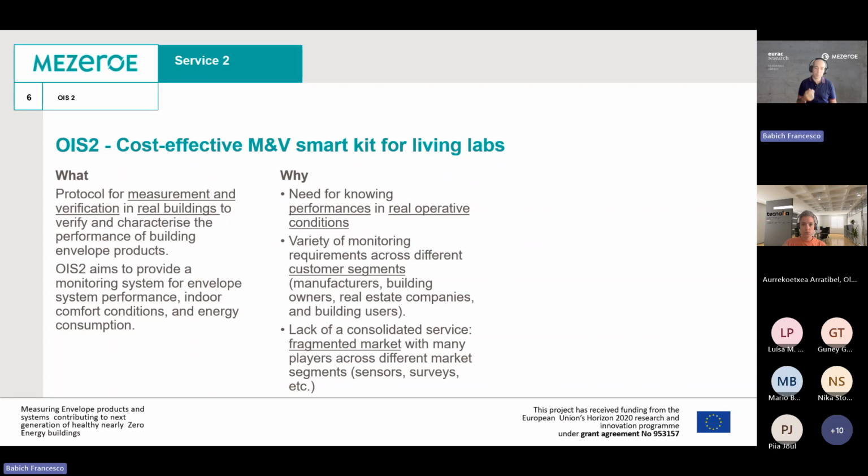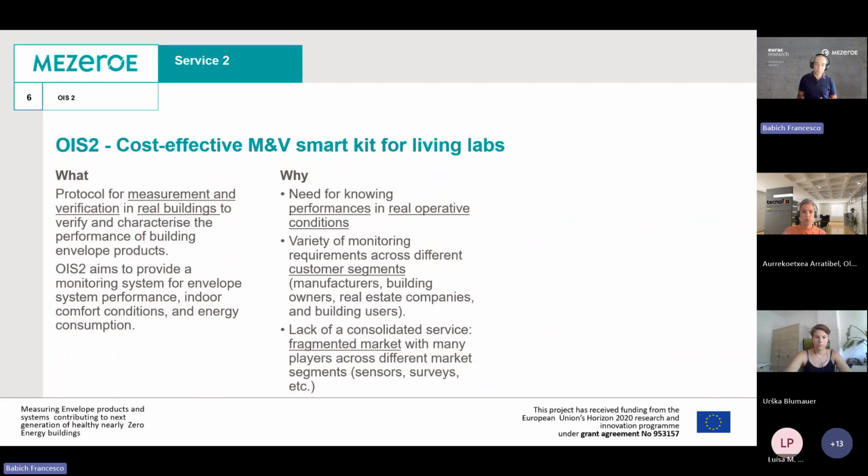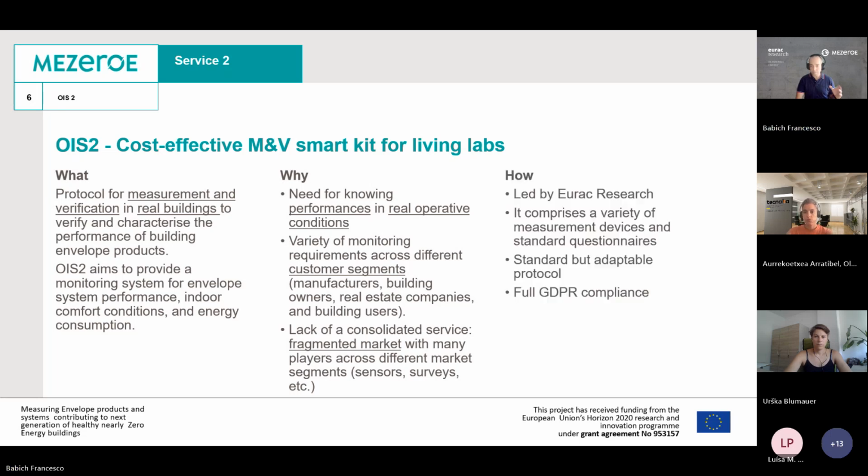If you are a manufacturer, a building owner, a real estate company, or a simple building user, you might be interested in different performances. And complementary to that, at the moment, the market is rather fragmented in terms of who offers sensors, who can perform surveys, sensors for what. So the idea was to create a comprehensive service that can enable different users to find what they need.